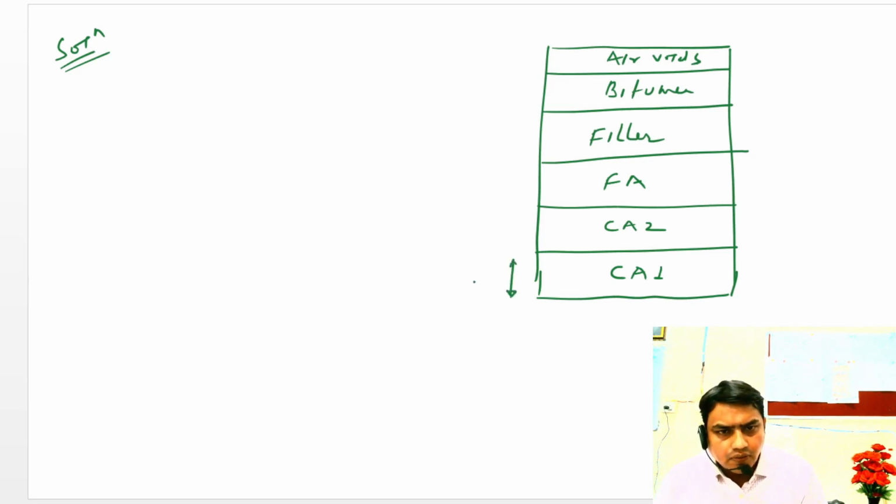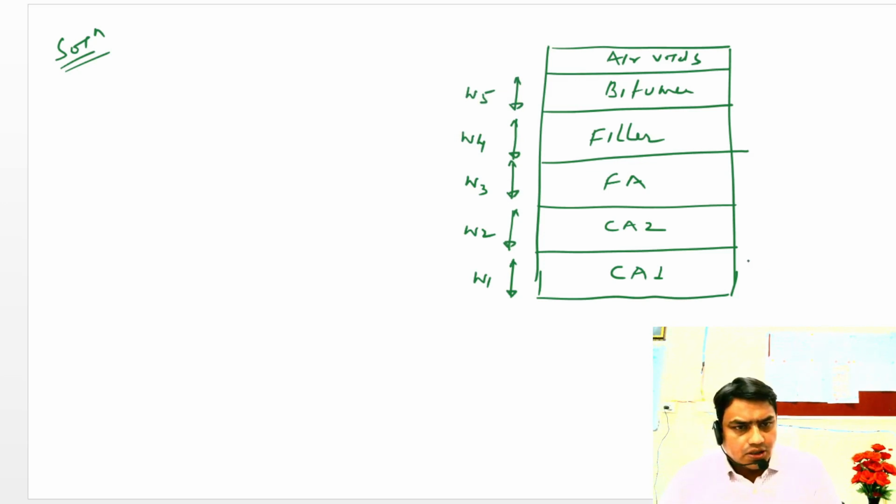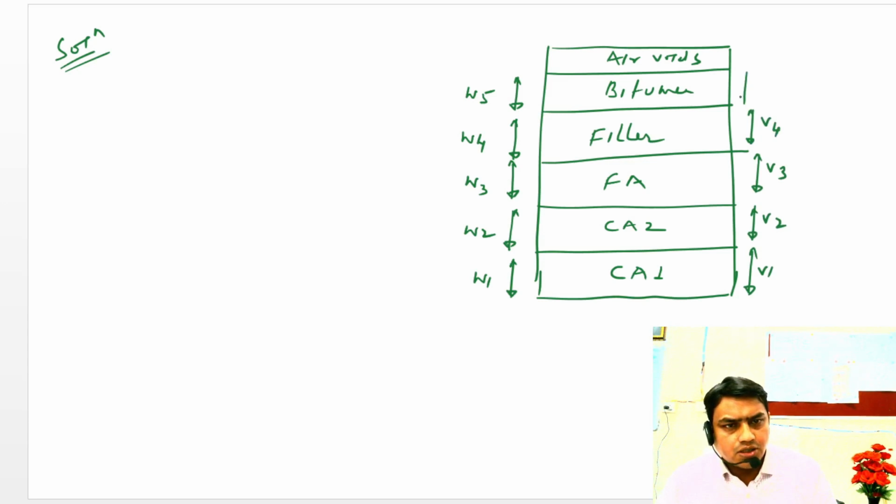This is called W1, weight of coarse aggregate 1, W2, weight of coarse aggregate 2, W3, weight of fine aggregate, W4, weight of filler, and W5 is the weight of bitumen. Similarly, V1 is the volume of coarse aggregate 1, V2 is the volume of coarse aggregate 2, V3 is the volume of fine aggregate, V4 is the volume of filler, V5 is the volume of bitumen, and V6 is the volume of air voids.